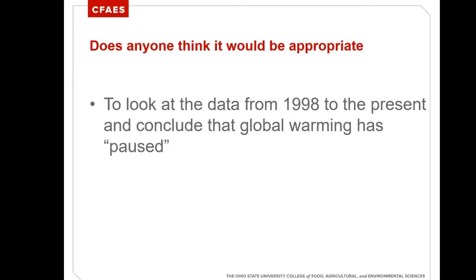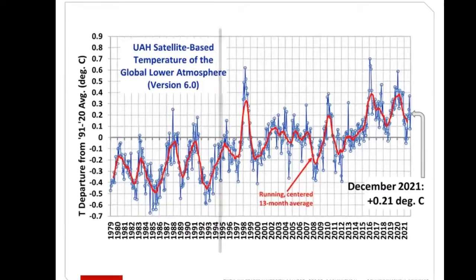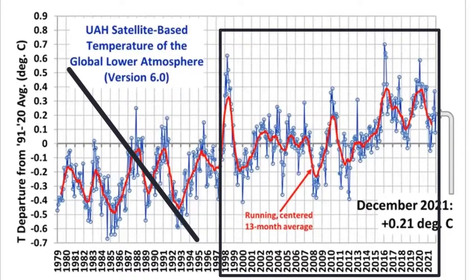They say there's been a pause in global warming over the past 22 or 23 years. Is it appropriate to look at the data from 98 to the present and conclude that global warming has paused? So let's say you started in 98, somewhere around there, and you look out toward the present. If you do a trend line through that data, the trend line would probably be at about 0.2 degrees Celsius.